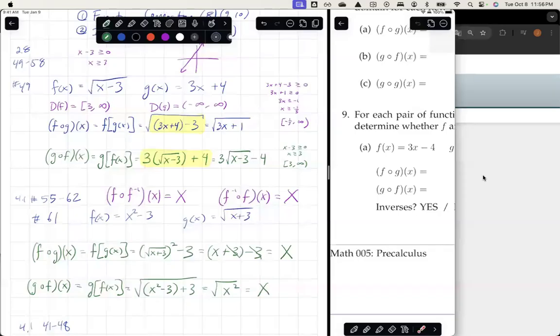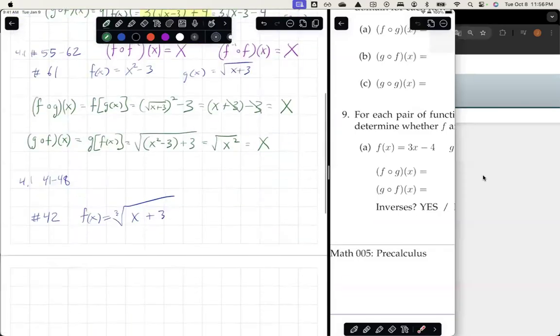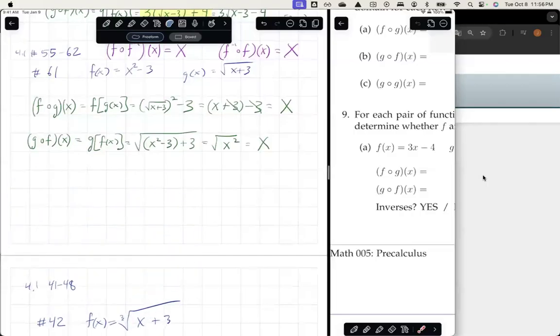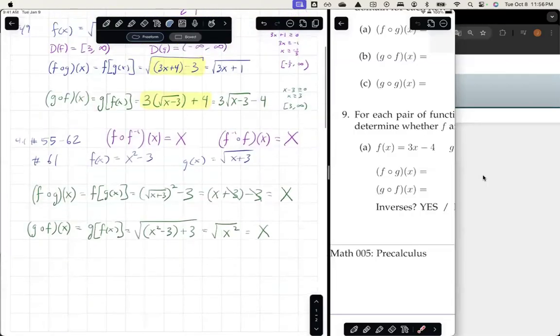Okay, I do want to give an example just really quickly of two functions that are not inverses of each other, and what their compositions would look like. So let's throw in another function here. The other function that I'm going to define is h of x equal to, let's say, the square root of x minus 3.